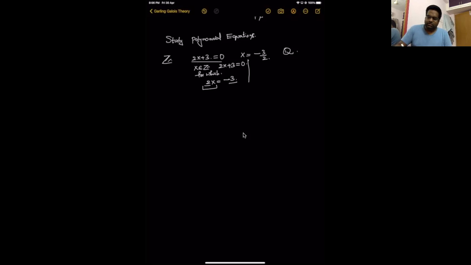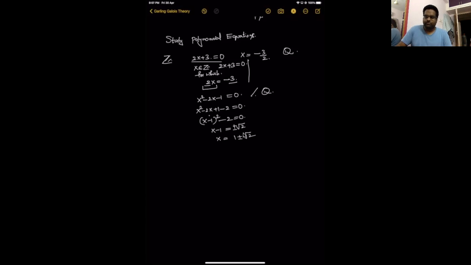In the same fashion, consider the equation x squared minus 2x minus 1 equal to 0 over Q. By completing the square, x squared minus 2x plus 1 minus 2 is equal to 0, so (x minus 1) whole squared minus 2 is equal to 0. This implies x minus 1 is equal to plus or minus square root of 2, and x equals 1 plus or minus square root of 2.